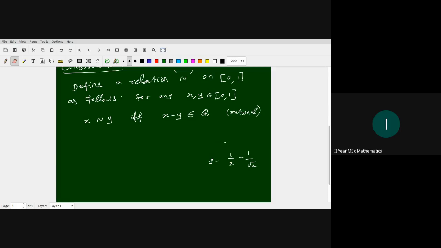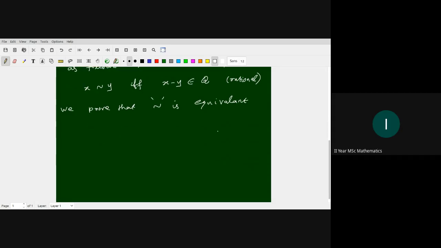Okay, so we are going to prove that this relation is an equivalence relation. As in the last example, if x is 1 by root 2 and y is 1 by root 2, the difference is 0, so they are related. In general, x is related to x.